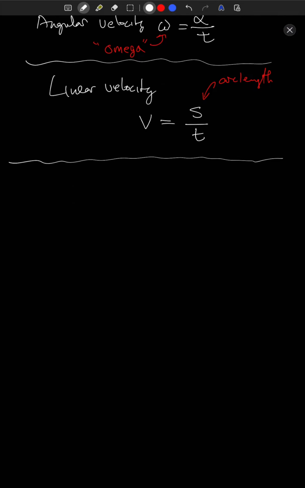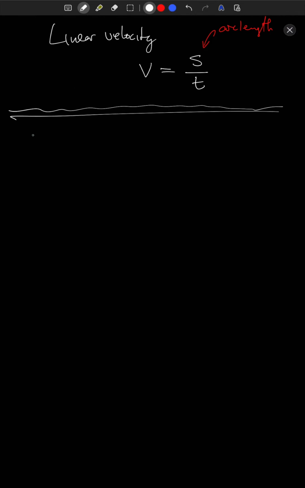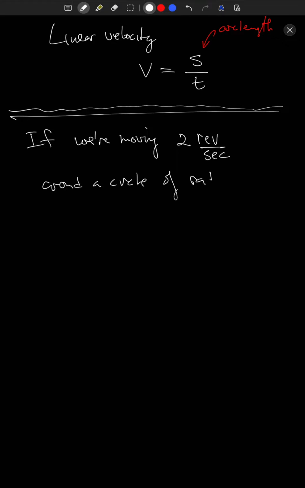All right, so let's do a couple examples here. If we're moving 2 revolutions per second around a circle of radius 3, what is our linear velocity?